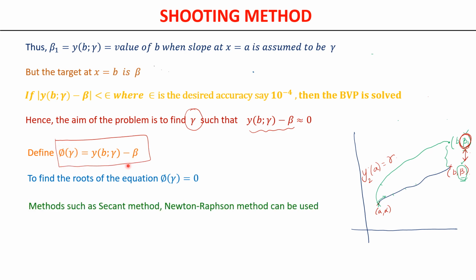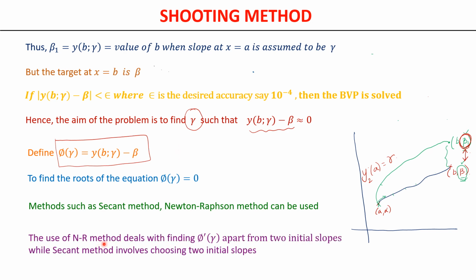It's a nonlinear equation, mind you, and we have a number of methods which help us numerically find the roots of that equation. The main methods that we know are the secant method and the Newton-Raphson method. Both of them are highly applicable, and both could be used to find the roots of this equation, which are gamma.